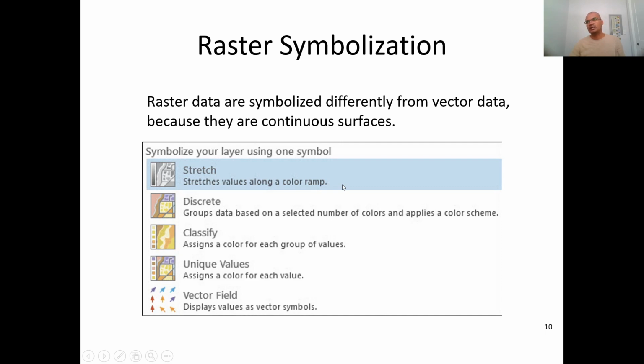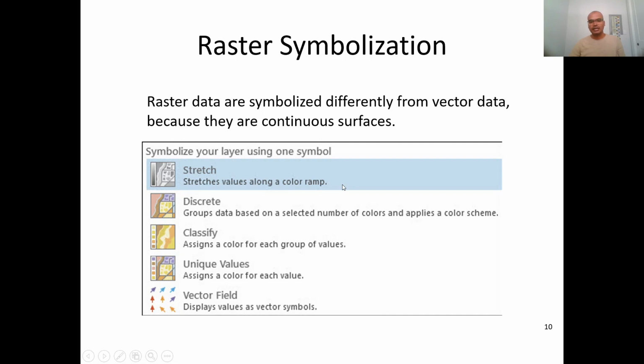Or if you want to represent different groups without any association, for example discrete land use classes, then you can use different colors for different pixels or different groups of pixels. And if you have continuous information but you want to show it in some classes, then you can classify your data and use appropriate colors.